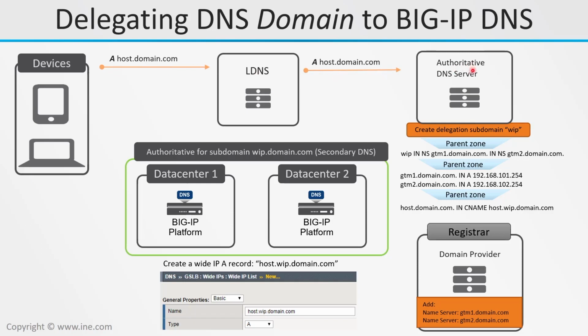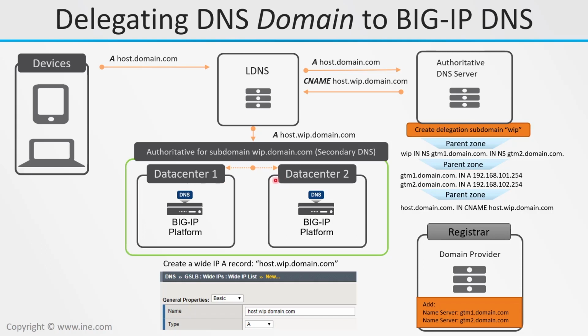The authoritative DNS server will respond with the alias to go to host.wip.domain.com, and in turn it will look up the NS records based on that CNAME response. It knows that based off the parent zone information, and it sends the A record query for host.wip.domain.com to DNS1 and/or DNS2.